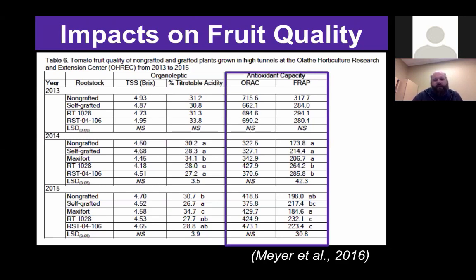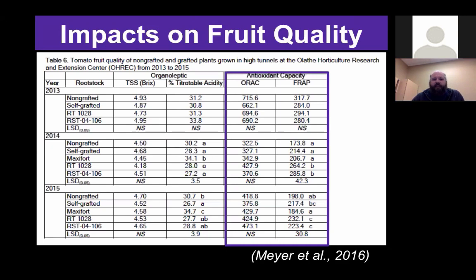And we kind of think about agricultural crops as we breed for higher yield. Oftentimes, the nutritional density of those plants will go down, and that's something I think a lot of people assume happens, although we don't really know if that's the case. But it looks like with the use of these vegetative rootstocks, that we're actually getting similar levels of nutritional quality.